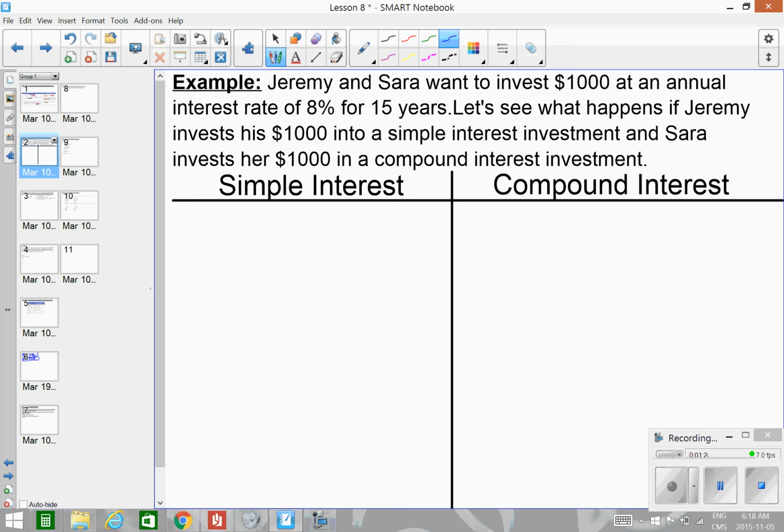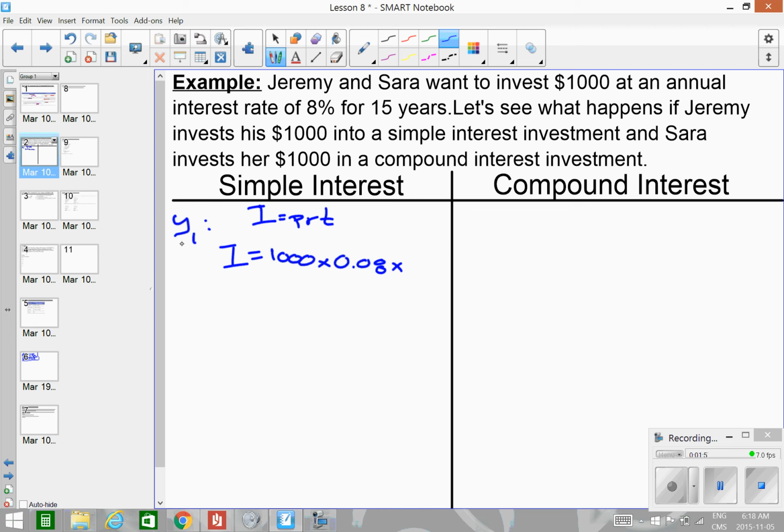So, in year one, we know that for simple interest, it's I equals PRT, principal times rate times time. All right, and now our principal was $1,000. Our interest rate was 8%.